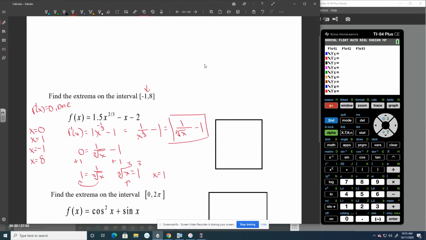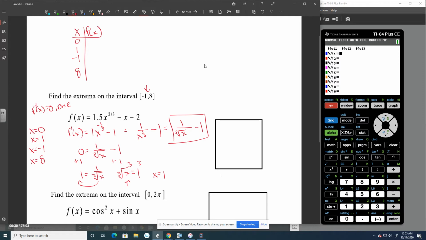Let's scroll up just a little bit so we don't use all of our space. Now I'm going to make a table right here. So my values are 0, 1, -1, and 8. I don't really care if they're in order because I'm not checking the signs. I'm just seeing which one has the biggest and smallest y value.